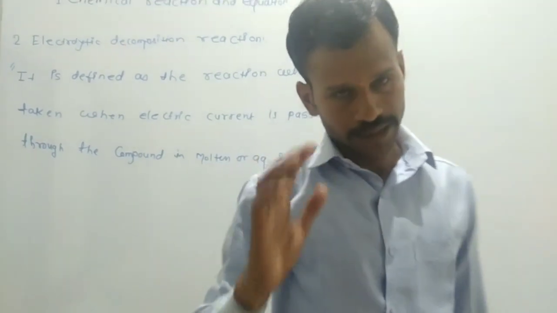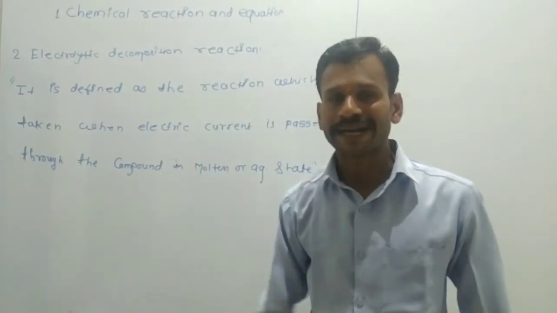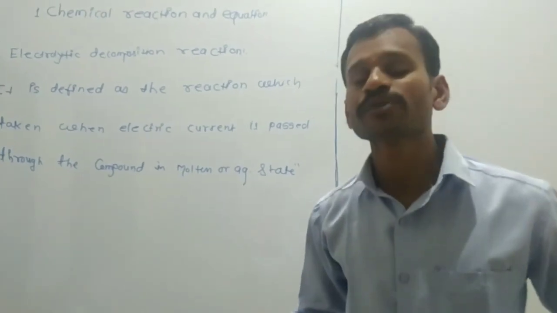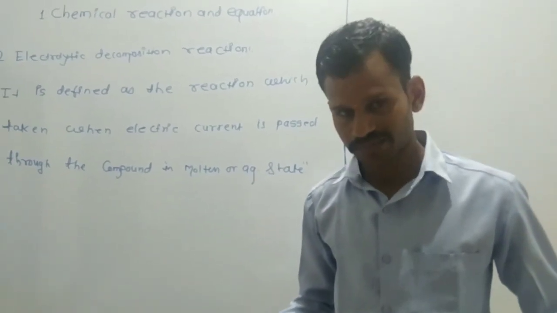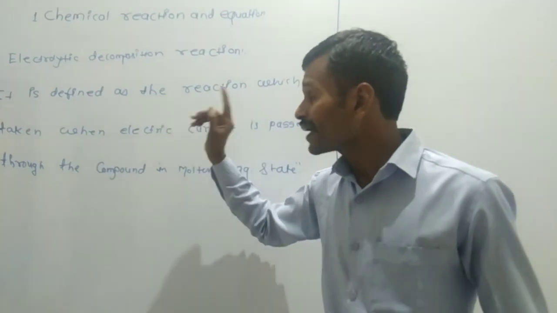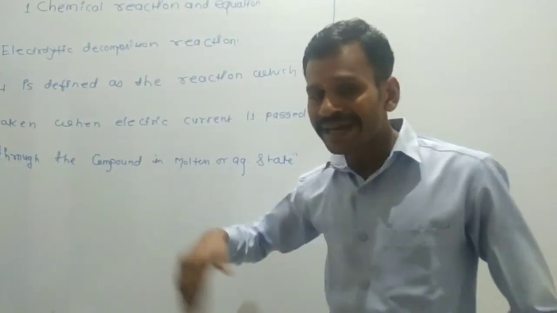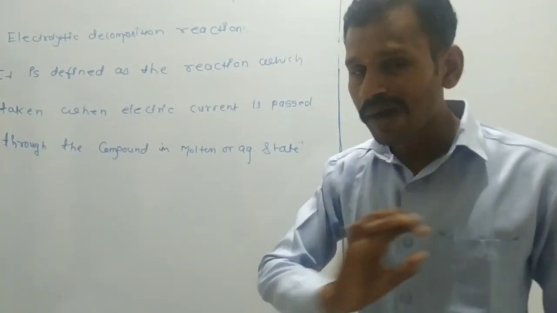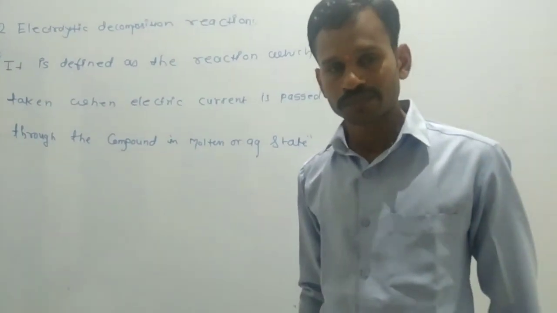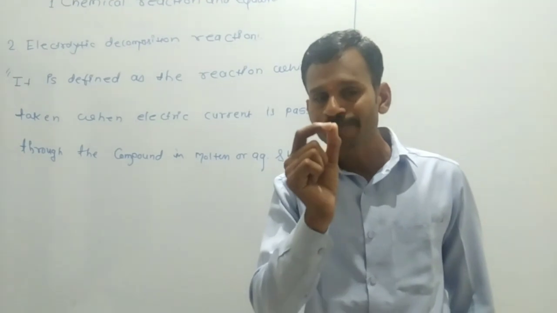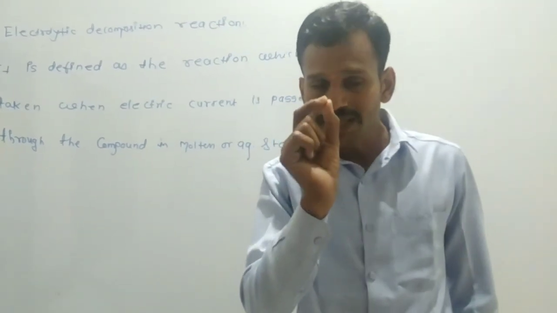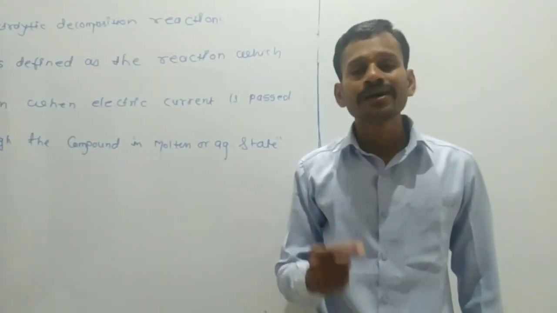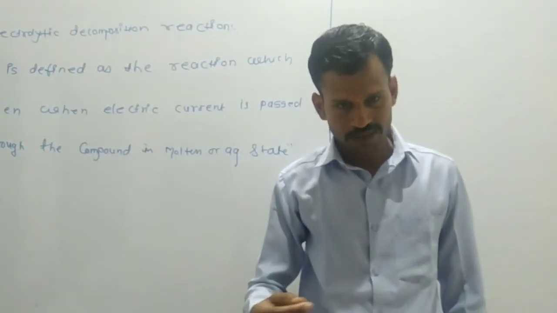Now, the name itself. Electrolytic means it is related to the electric current. So what does it mean? When electric current is passed through the compound, that compound is always present in the molten state or in the aqueous state.